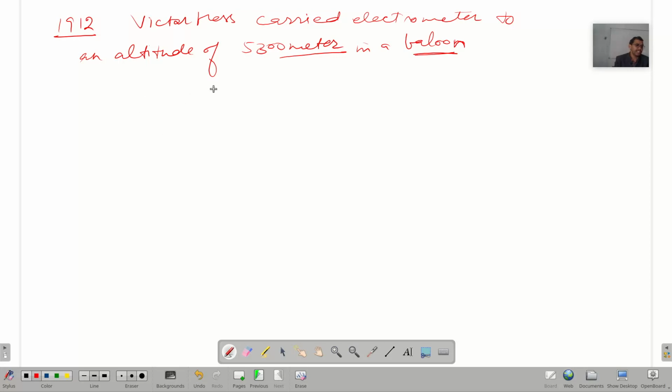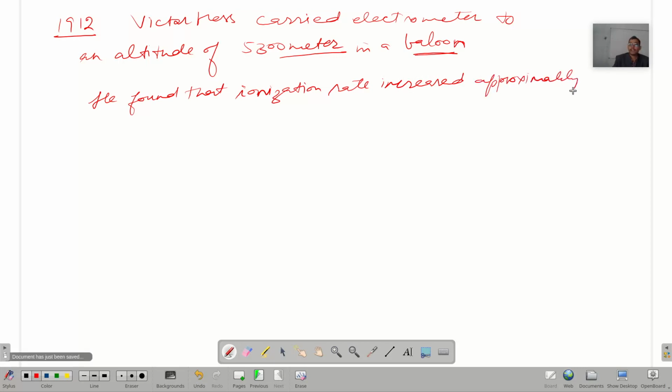And he found that the ionization rate increased approximately 4 times over the rate at ground level.